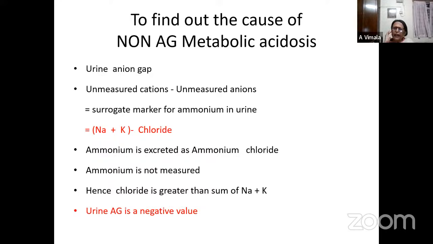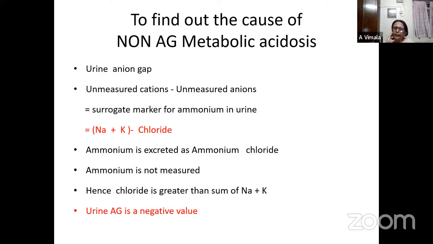Well, just like we had an anion gap in plasma, we have an anion gap in urine as well, because urine also contains cations and anions. The main cations excreted in the urine are sodium as sodium chloride, potassium as potassium chloride, and ammonium. Ammonia has an important role in maintaining acid-base status through the kidney.